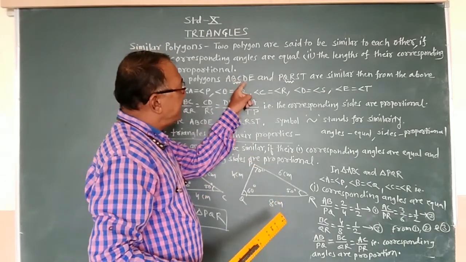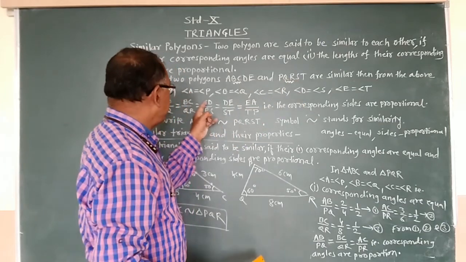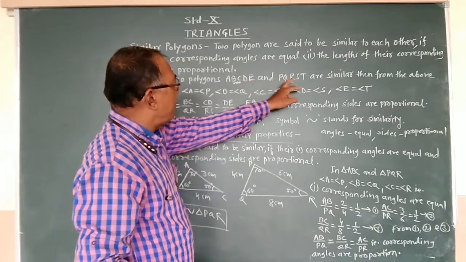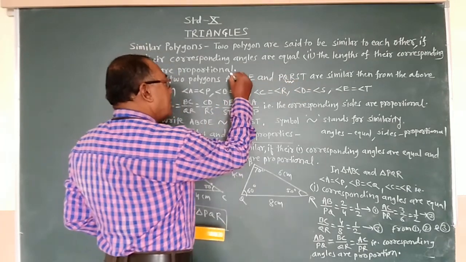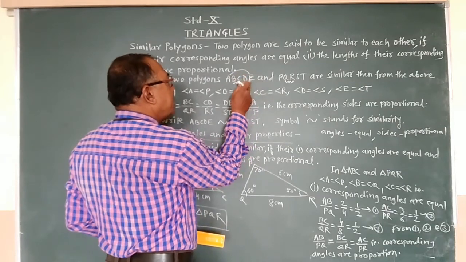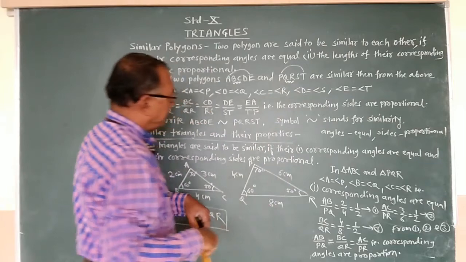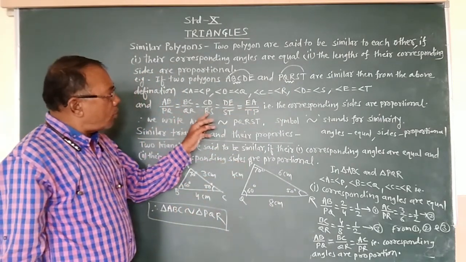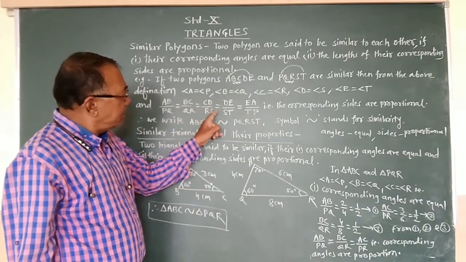Then CD upon RS equal to DE upon ST, and the last one, EA upon TP. The ratio of all the corresponding sides must be equal.